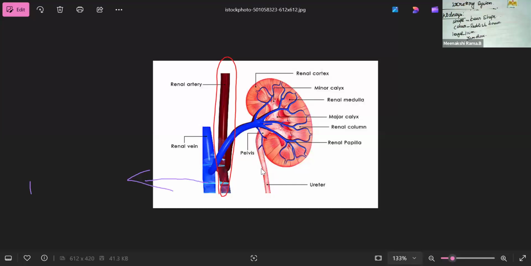It is conducted along the ureter by peristaltic movements of the walls. The ureter carries the urine from the kidney to the urinary bladder.